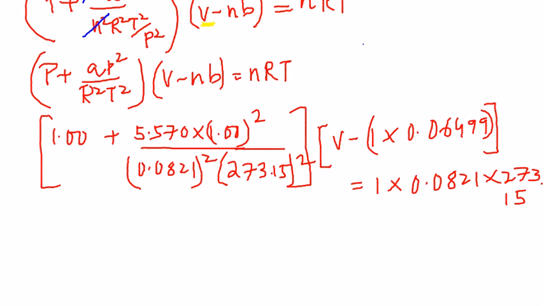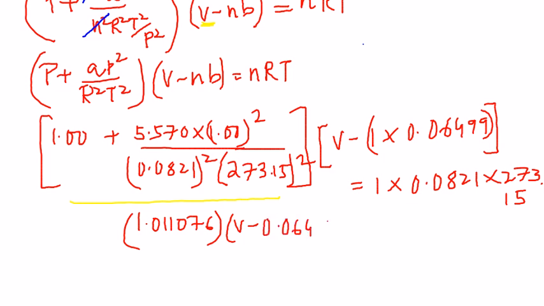Okay, so if you calculate this, if you demystify this expression out here, you will end up with a value which is 1.011076, and you're going to leave the V as it is, minus 0.06499, and the right side of the equation becomes 22.426.